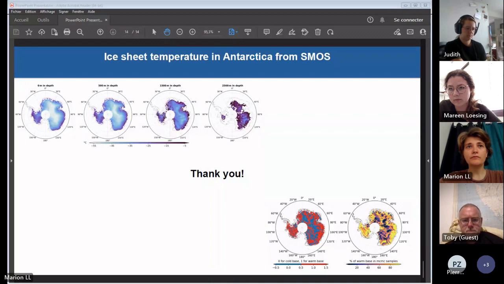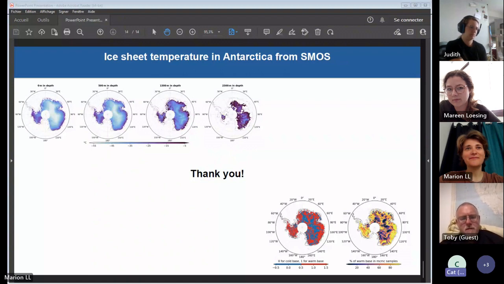I can answer, Marion, if you want. I can answer from the ice sheet model point of view. You can have a typical 1 millimeter per year of melting, and the feedback is that when you have melting at the base, then you have a downward velocity that brings cold from the upper layers, and it's a negative feedback.